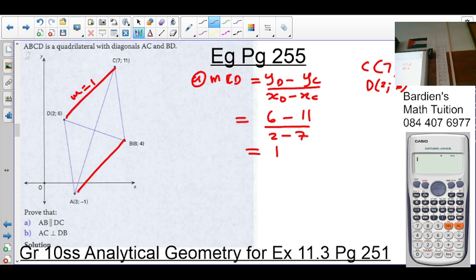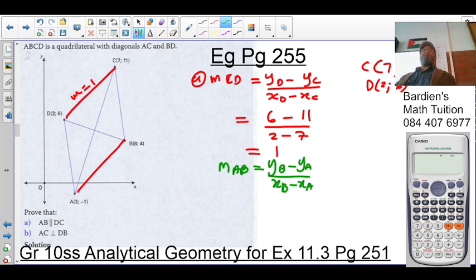Not so? So let's go with the gradient of AB, which is YB minus YA over XB minus XA. If you had gone YA minus YB over XA minus XB, you get the same answer.